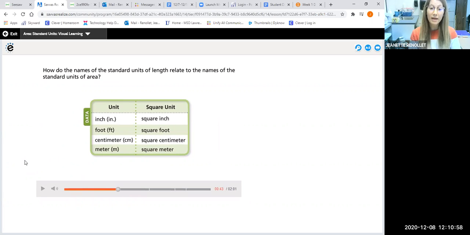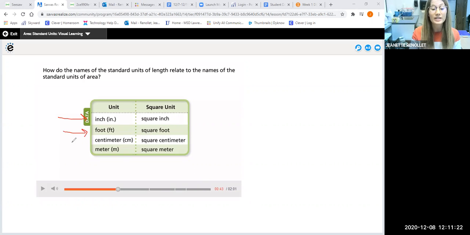Okay, when we measure something, if I'm going to measure the length and width of this folder, I can use different measurements. We know words like inches. We know words like foot, like how many feet long is something.